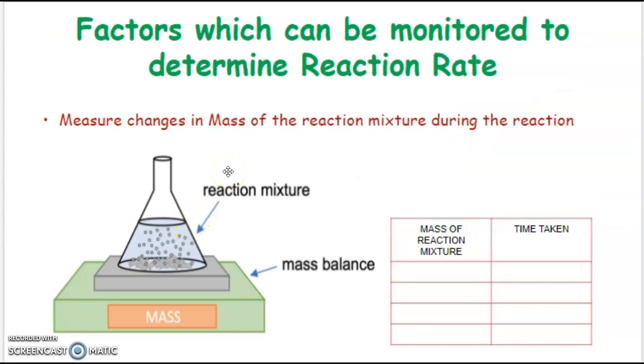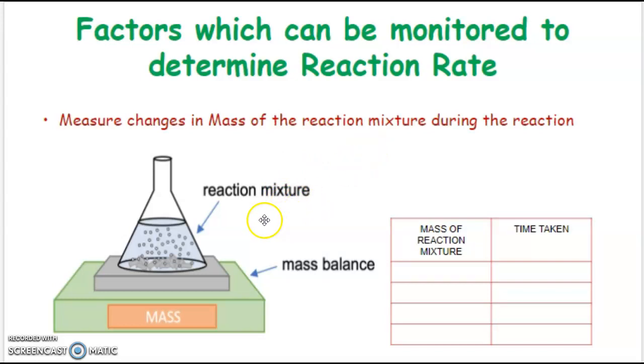Secondly, we can also measure the mass of the reaction chamber during the course of a reaction, if indeed a gas is given off. Because if a gas is given off throughout the course of a reaction, what you'll find happening is the mass of the reaction mixture will be decreasing over time.